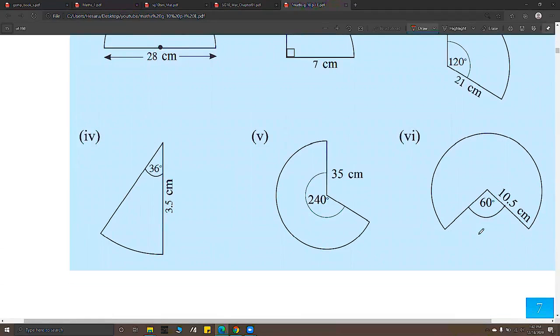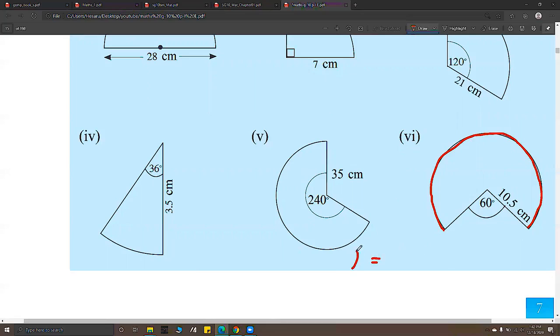So for this case, I'll go to this one. In here, what you have to find is the arc length. So what is the arc length? Arc length is this. This is the arc length that you need to find. So how to find this one? Very simple.